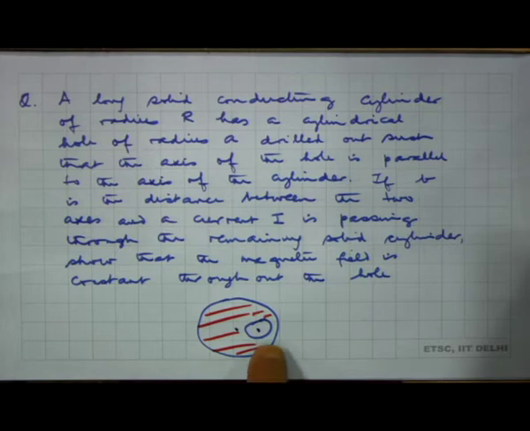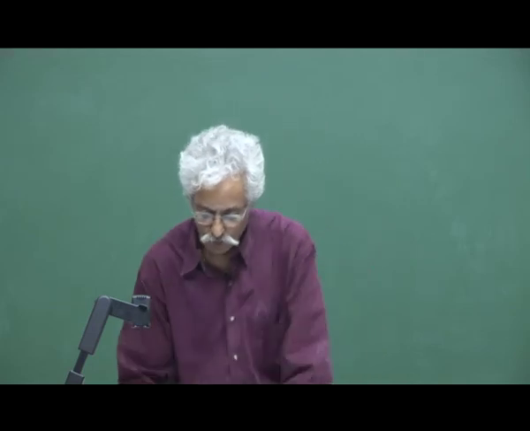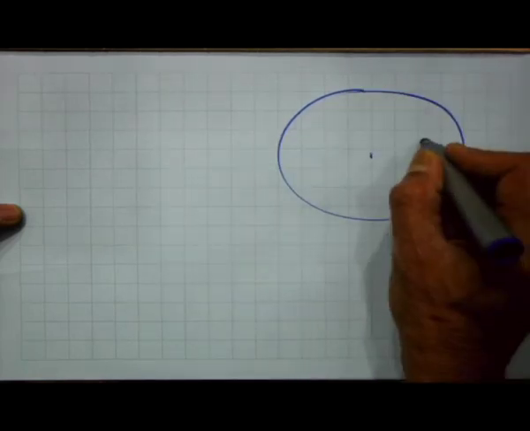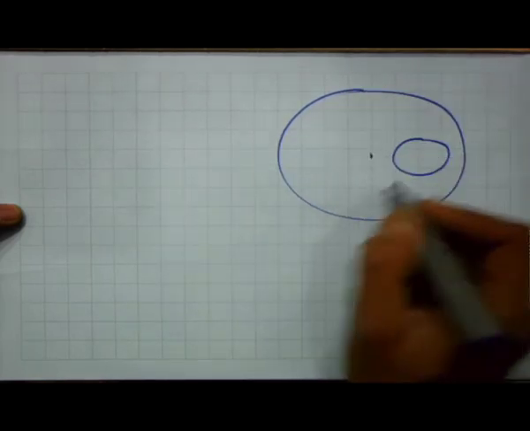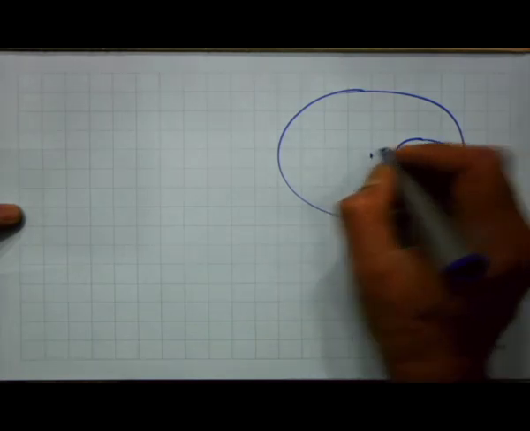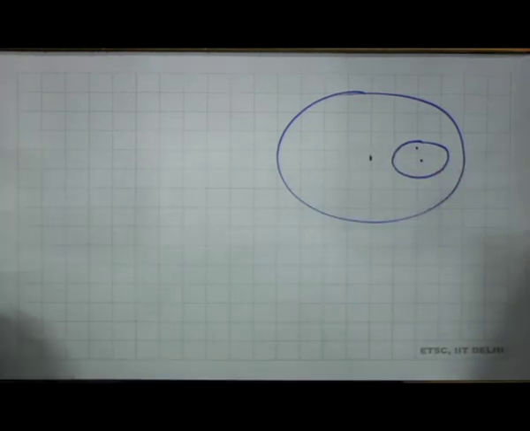I need to calculate the magnetic field inside this hole and show that it remains constant. Okay. So, let me draw the figure again here. I need to take a point here, so that is the center. Please remember the conductor is only this part.